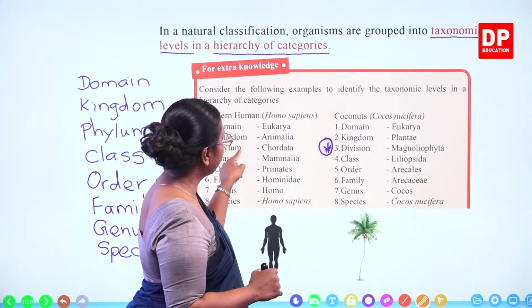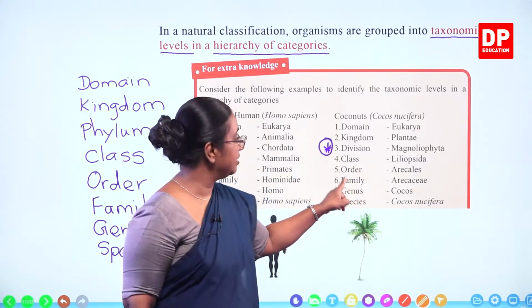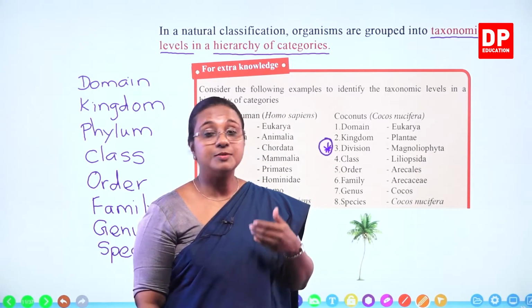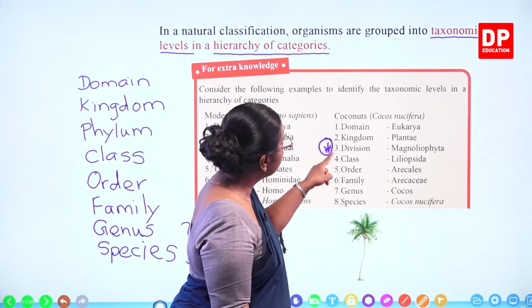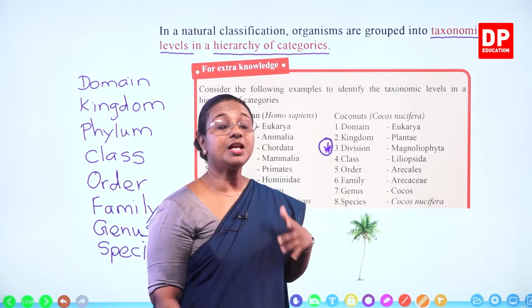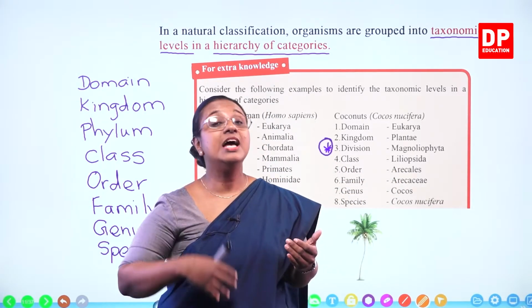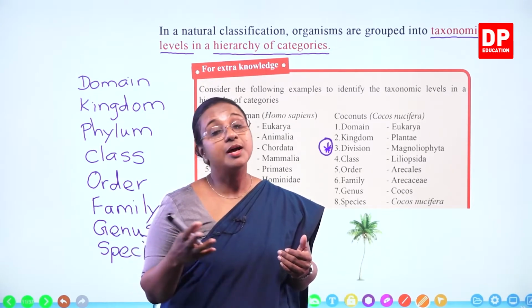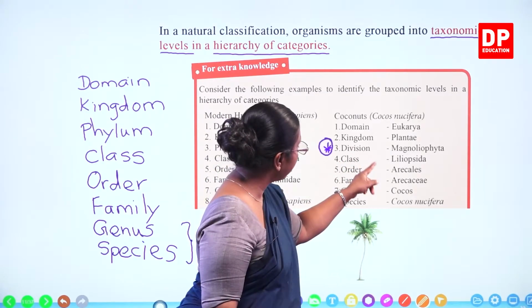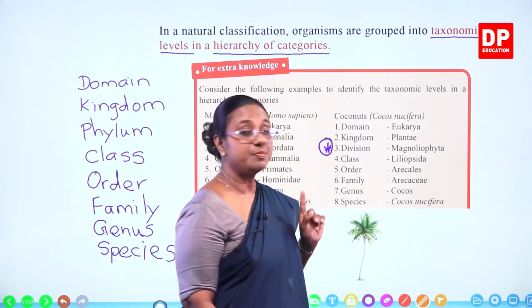Under animals we had phylum, here we have division Magnoliophyta, that means angiosperms or flowering plants. Then under that we have the class Liliopsida. When we say Liliopsida, it refers to monocot plants. All the monocot plants are in the class Liliopsida.